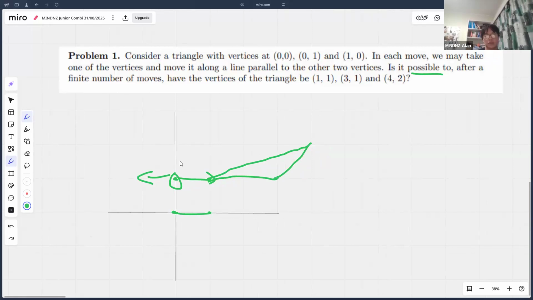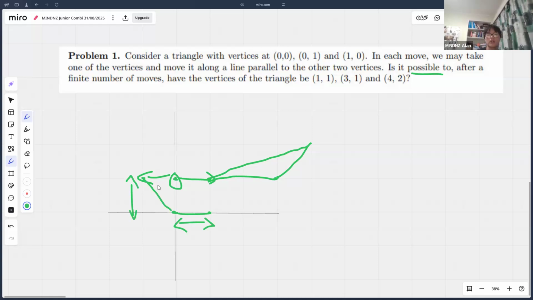And then after each move, let's say after the first move, this one moves over here. What's the height? The height is this. And what's the base? The base is this. So half base times height is half of 1 times 1, which is 1/2.